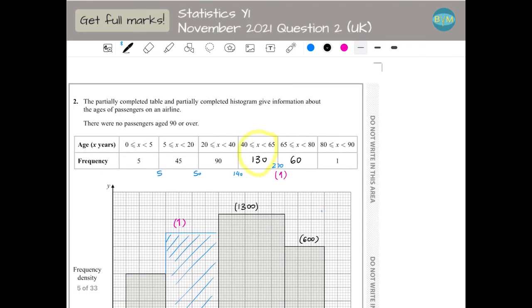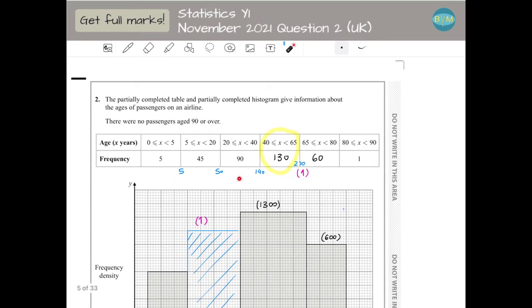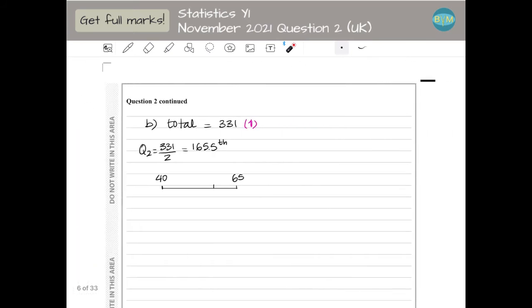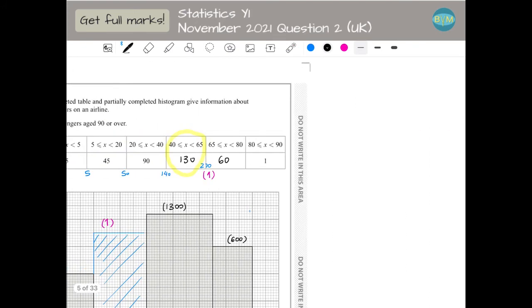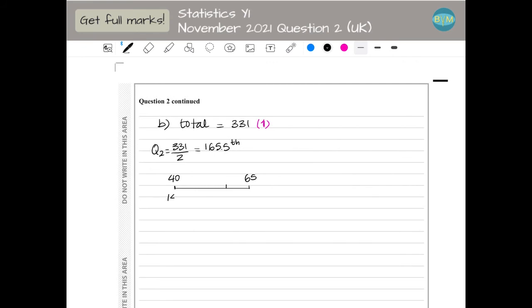And then I have up to the 140th value at the beginning and up to the 270th value. So my limits for the order of numbers are 140th value and 270th value. And I'm looking for the 165.5 value. This is my Q2.